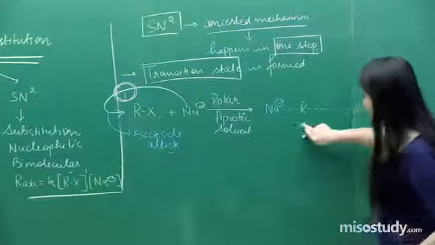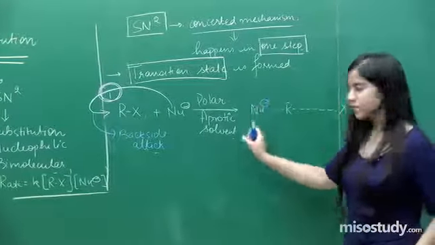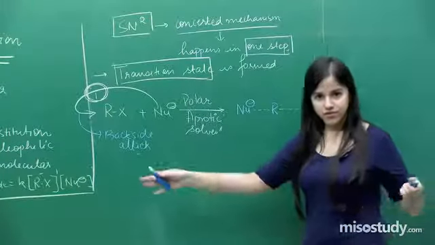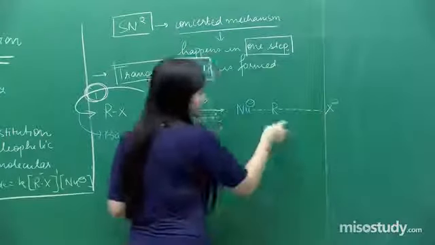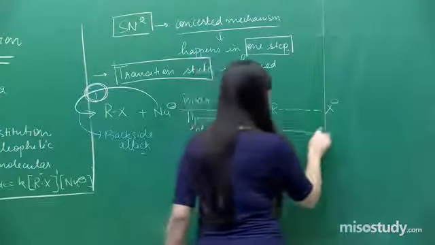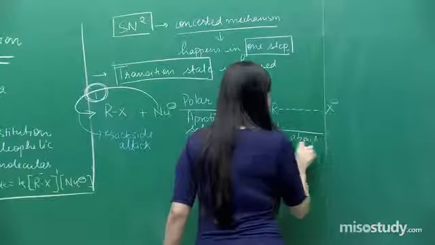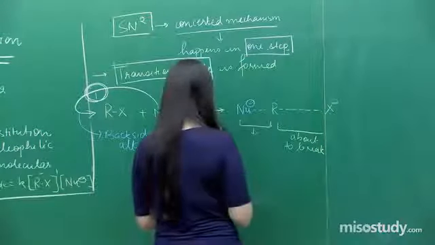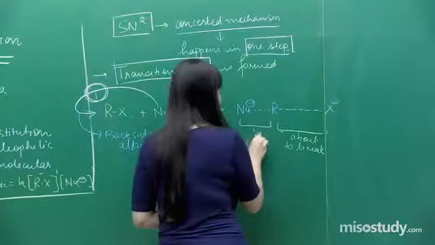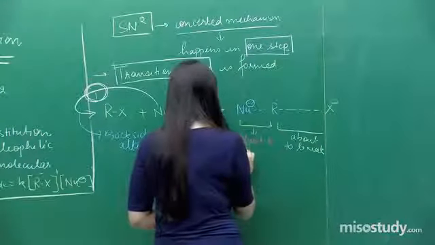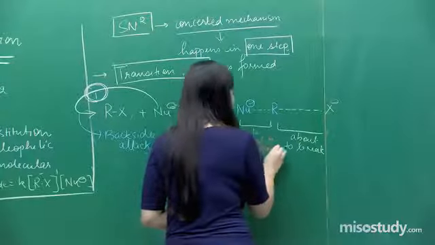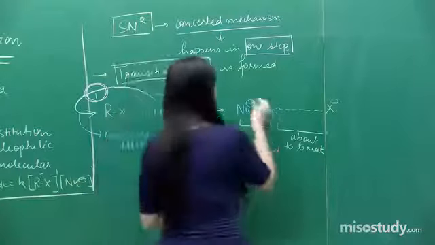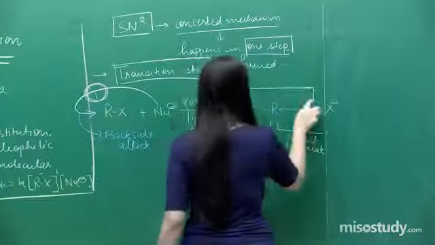So now you can see this bond is smaller because they are now getting attached with each other, whereas this particular bond is very long, it's stretched, thereby indicating that this is about to break, and this is about to get formed. Fine. So that is how the transition state is. This is known as the transition state. Let me just write it over here.